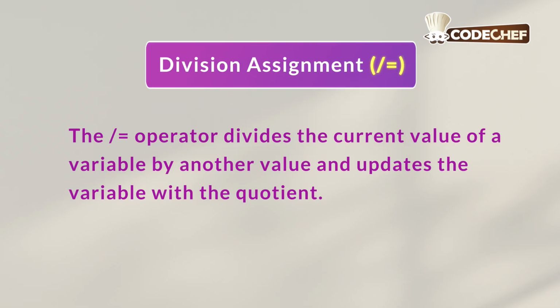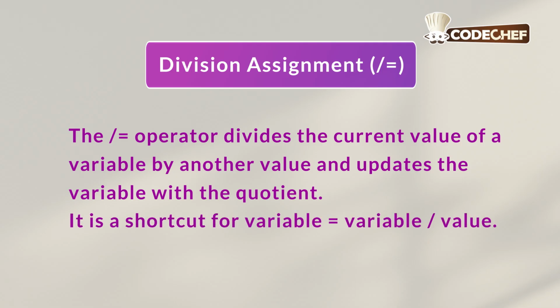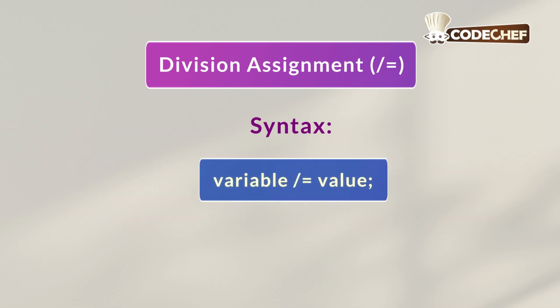The slash equal to operator divides the current value of a variable by another value and updates the variable with the quotient. It is a shortcut for variable equal to variable divided by value. As you can see, the syntax is variable slash equal to value semicolon.